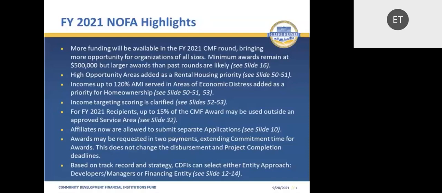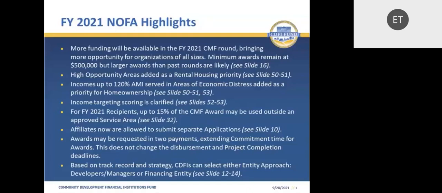New this year are high opportunity areas. This has been added for a rental housing priority, and we'll get into that a little more in a little bit. Again, incomes up to 120% AMI for home ownership in areas of economic distress are a priority.